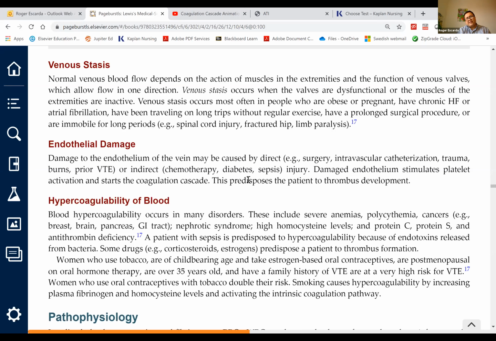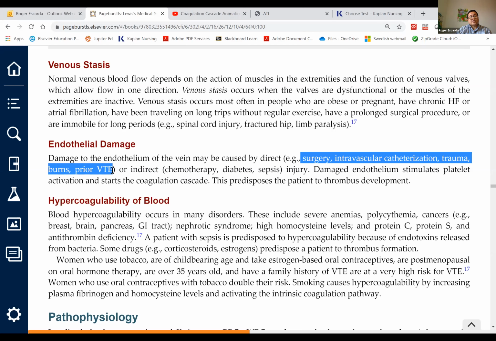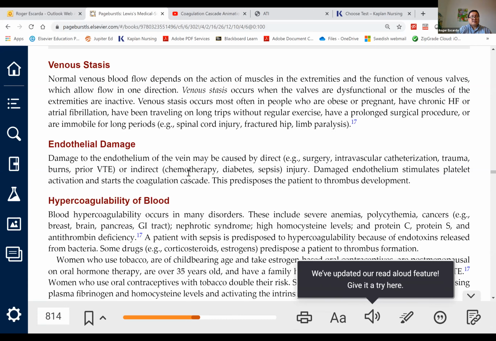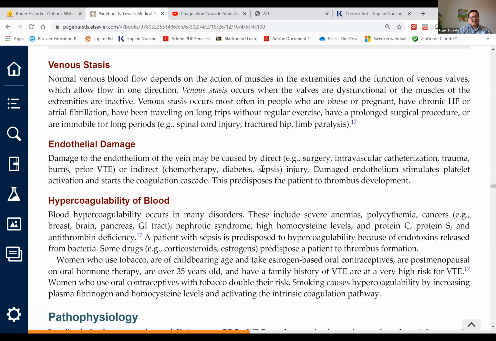So whenever you have an injured blood vessel, which happens with surgery, cardiac catheterization, trauma, burns, or a prior VTE or DVT. Surgery is considered trauma. Others which will cause endothelial damage are chemo, diabetes, and sepsis. You'll discuss sepsis separately. This is a special condition which takes up almost an entire chapter.